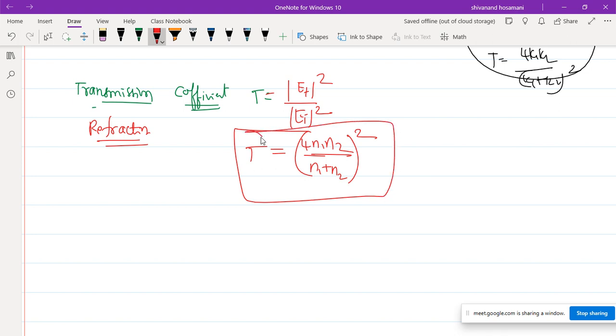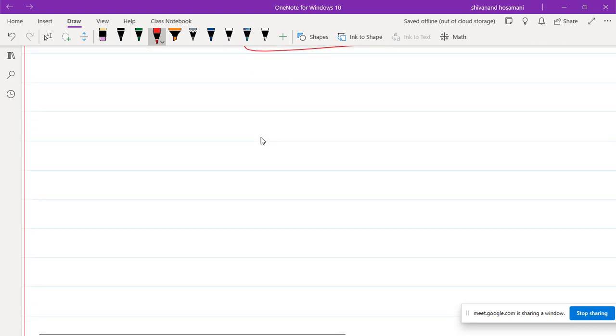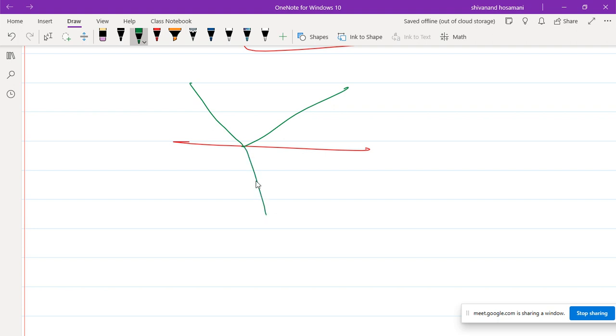Look, light is incident on a glass plate. Let us consider this is a light glass plate.